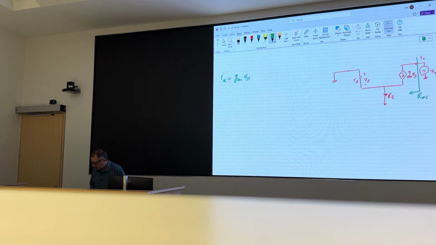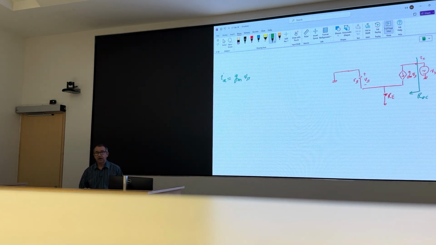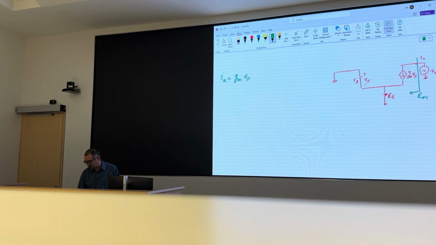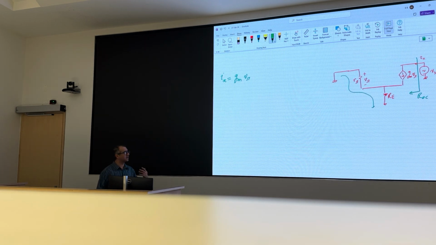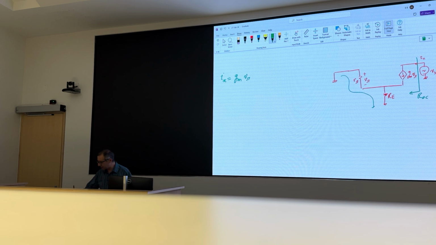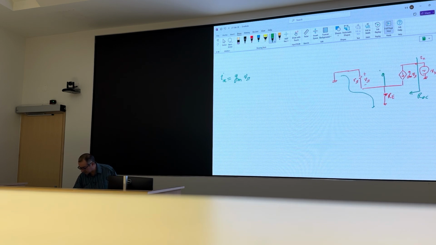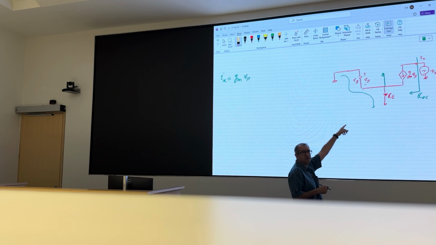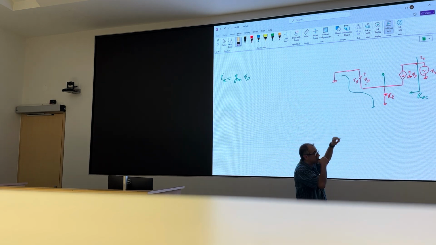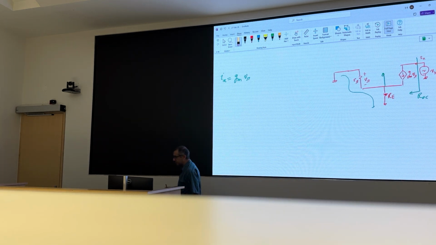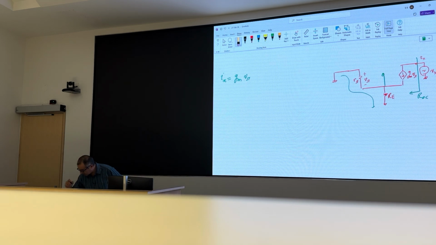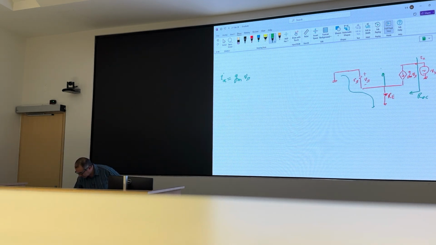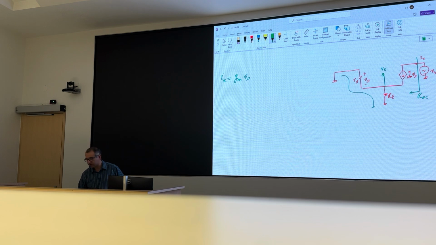How do I find V pi? You can write a KVL here. Doesn't really help you. In this case, I'd like to write a KCL here, at this one, right? Because I'm playing with currents. I look at the current over there, there's a current source attached to this node. I should be able to write a KCL. Let's do the KCL. So let's call this VE, the voltage here.